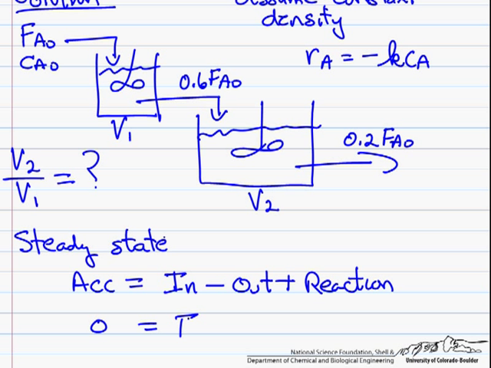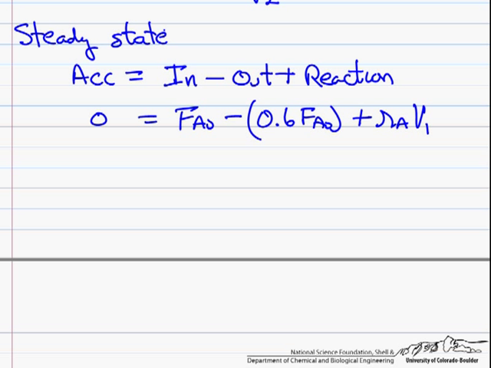The flow rate of A, remember we always are doing a balance on a given component, is FA0, 6/10 FA0. This is the first reactor, and then the rate of reaction in the reactor times the volume of reactor 1.